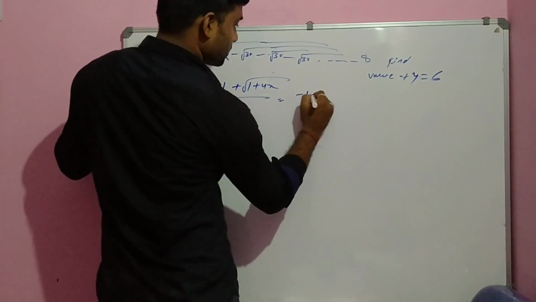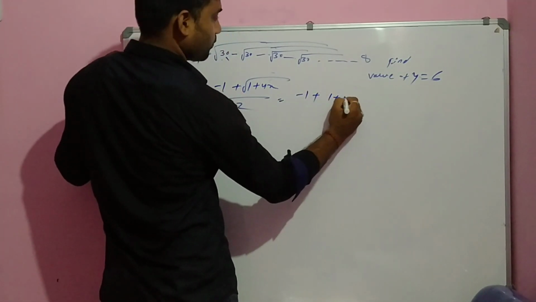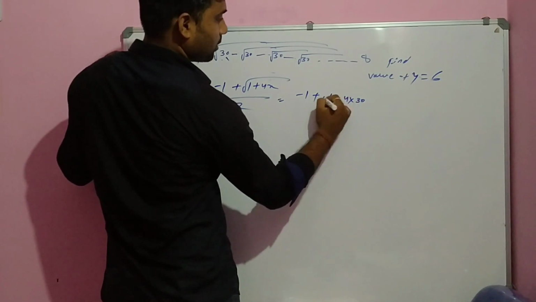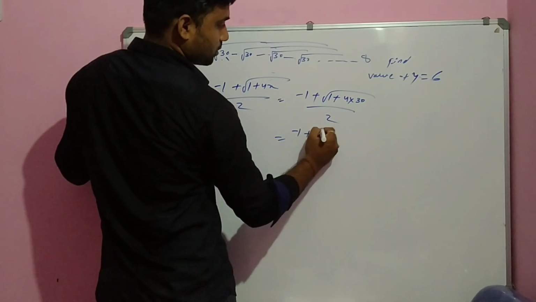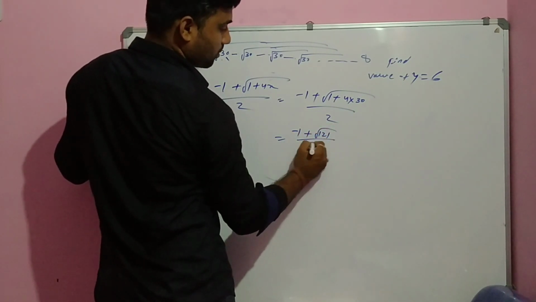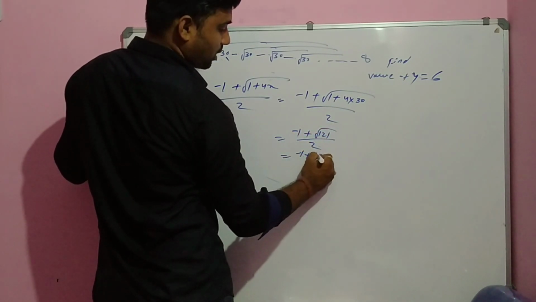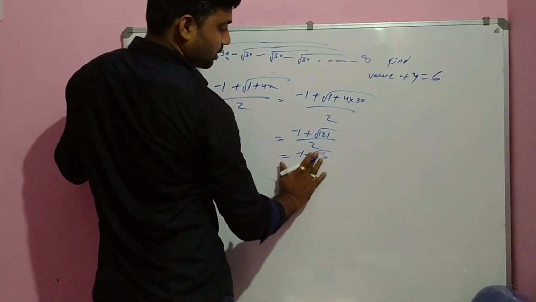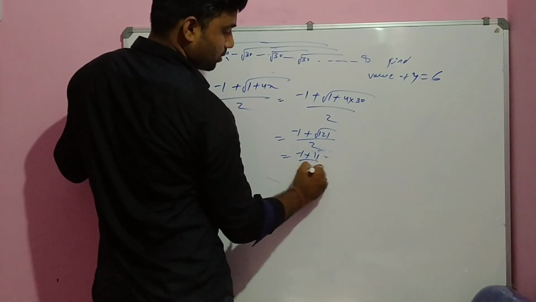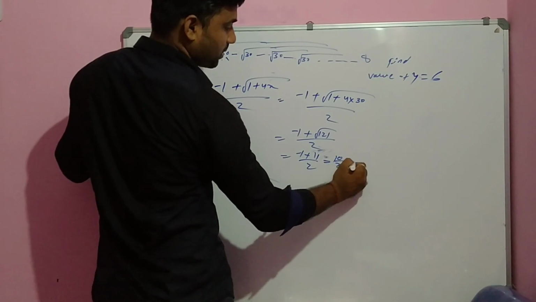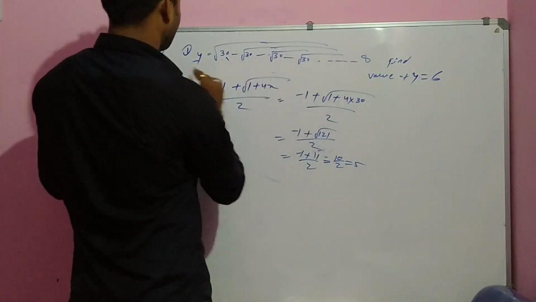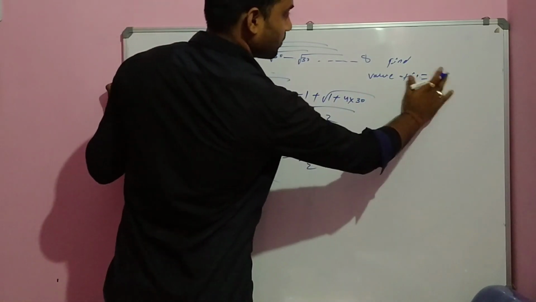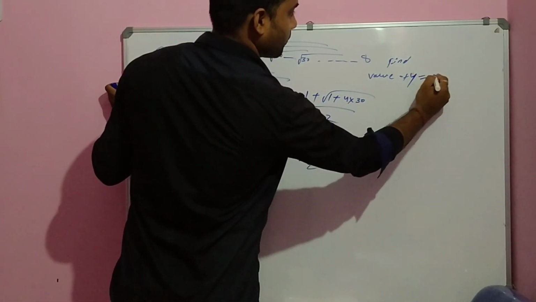So it will be minus 1 plus the root of 1 plus 4 into 30, by 2. That is minus 1 plus the root of 121, by 2, which is minus 1 plus 11 by 2, or 10 by 2. Your answer is 5.